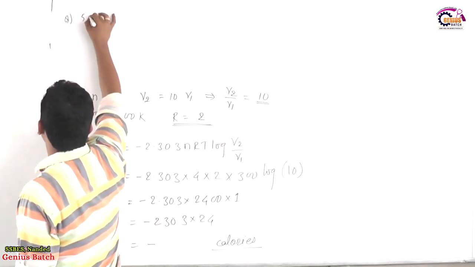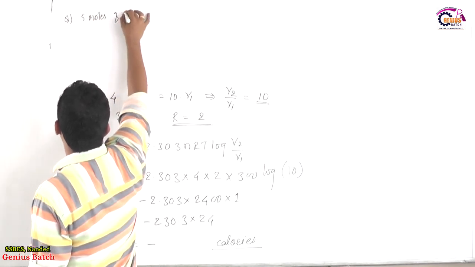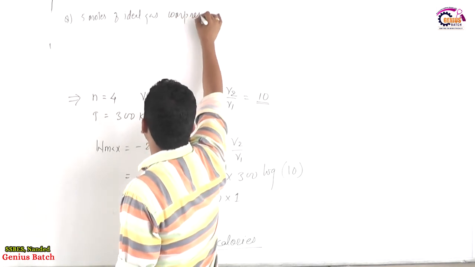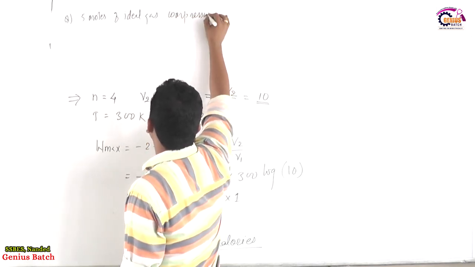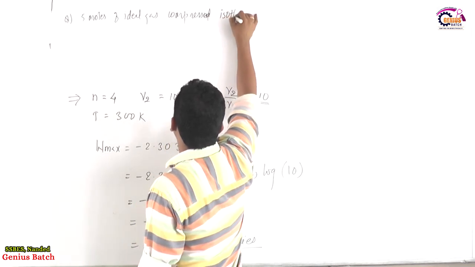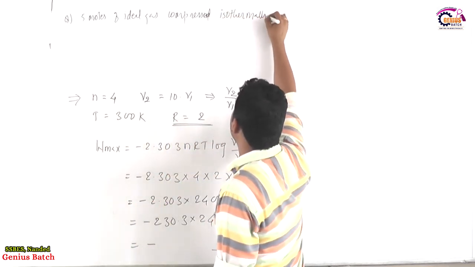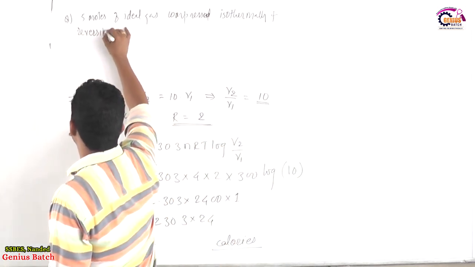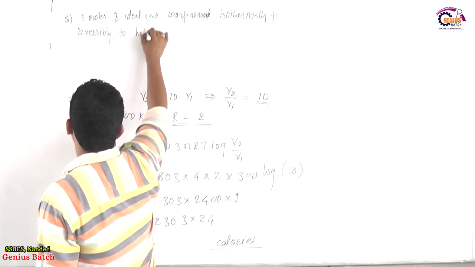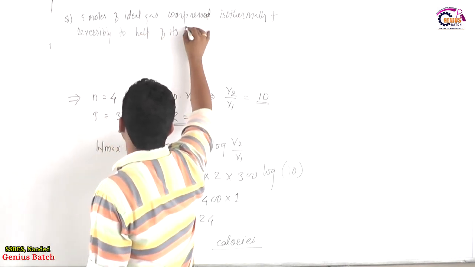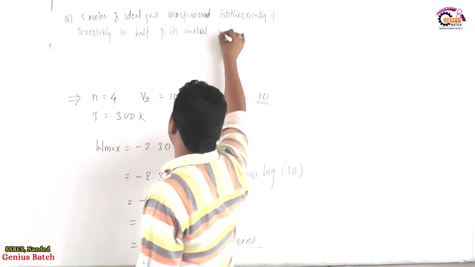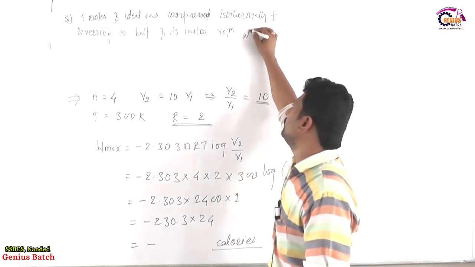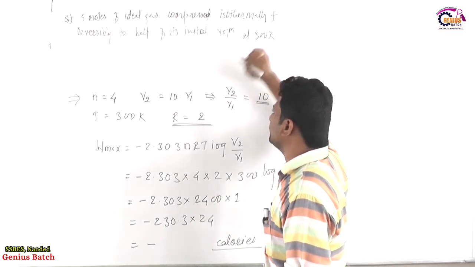Okay. The question is: 5 moles of ideal gas compressed isothermally and reversibly to half of its initial volume at 300 kelvins.